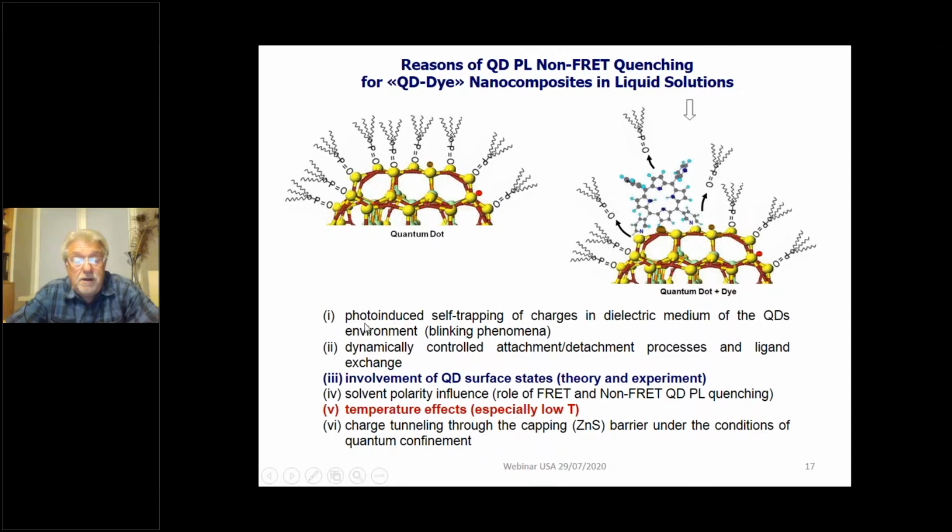First of all, induced self-trapping of charges in the medium, maybe a dynamically controlled attachment-detachment process, and the formation of quantum dot surface states, which may play the role of traps of excited electrons, of exciton pairs. So the next step is to find such specific trap states in our quantum dots.